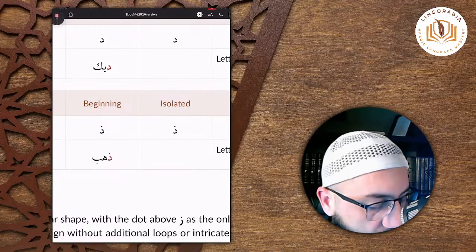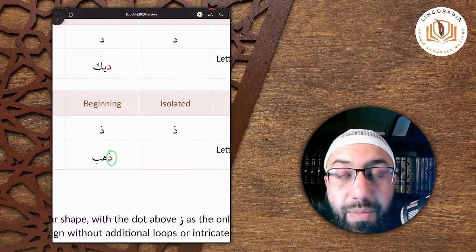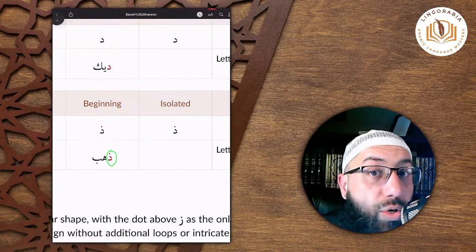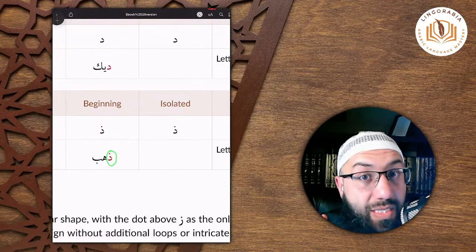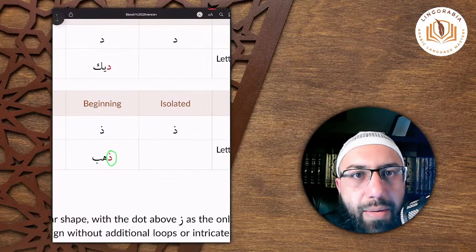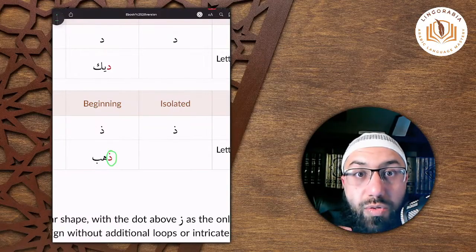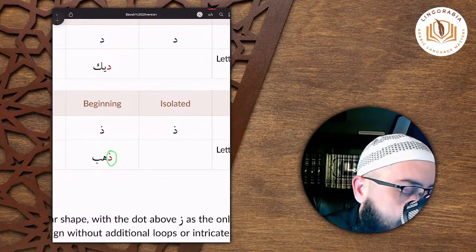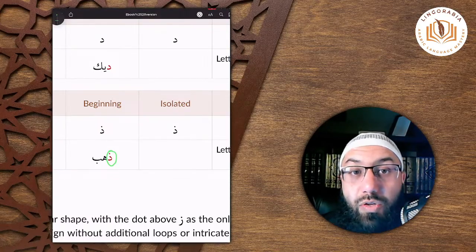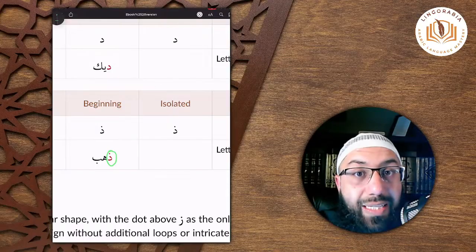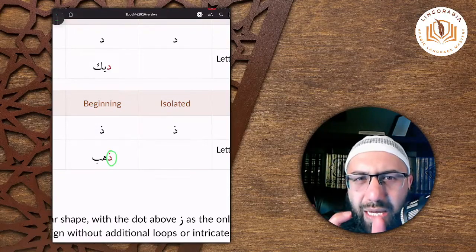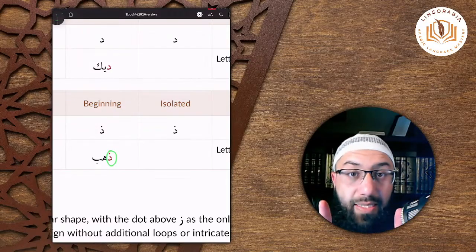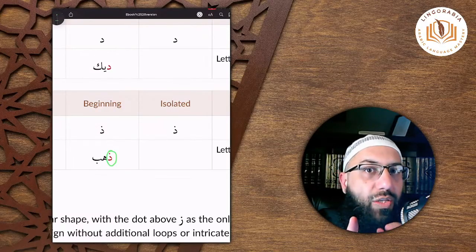When you see dal in the beginning of the word, you see that it is not connected with the letter after, although this is one word. In some languages when you have words, you have to connect all the letters together, but in Arabic that's not the case. Sometimes you have a word in which certain letters are written together, if you look at the spacing, but they are not really connected.